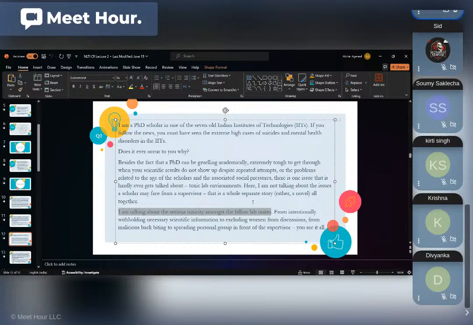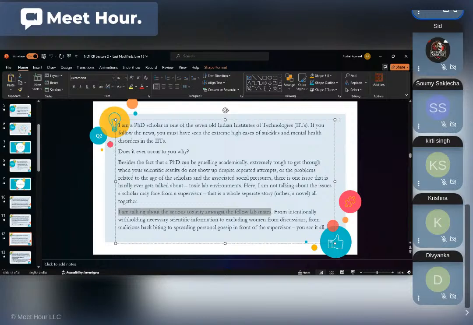So the author is talking about toxicity, but the source of that toxicity is the fellow lab mates and not solely the supervisors. This is very interesting because the author is acknowledging that there is toxicity from the supervisors, but is saying, what I specifically want to focus on is the toxicity from my colleagues, from my peers.